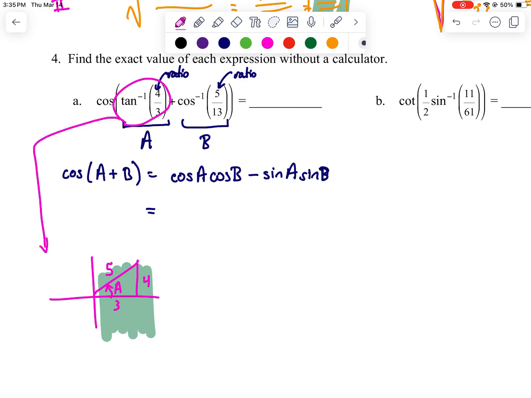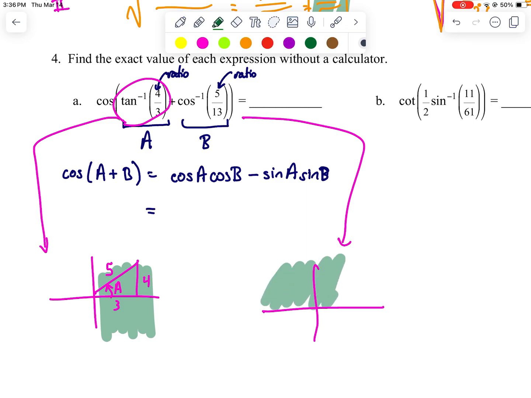So that makes this hypotenuse 5. And then angle B is an angle that has a cosine ratio of 5/13. So we know cosine spits out answers up here. So we have a cosine ratio of 5/13. So that makes this angle B, and this is 12.